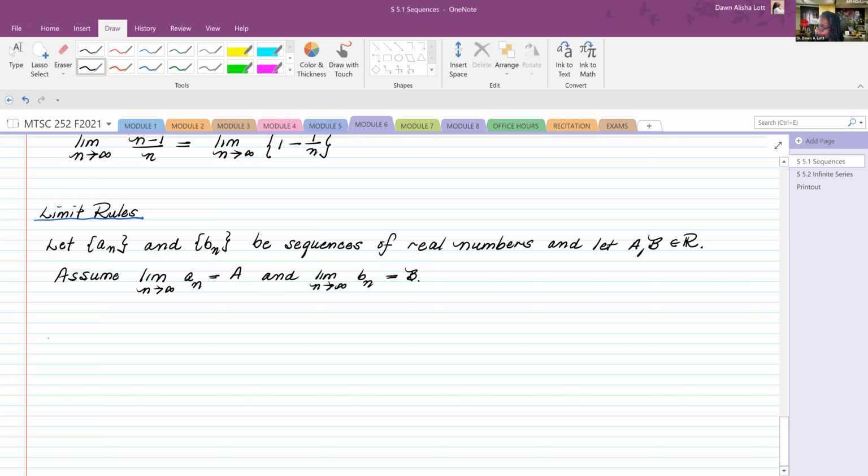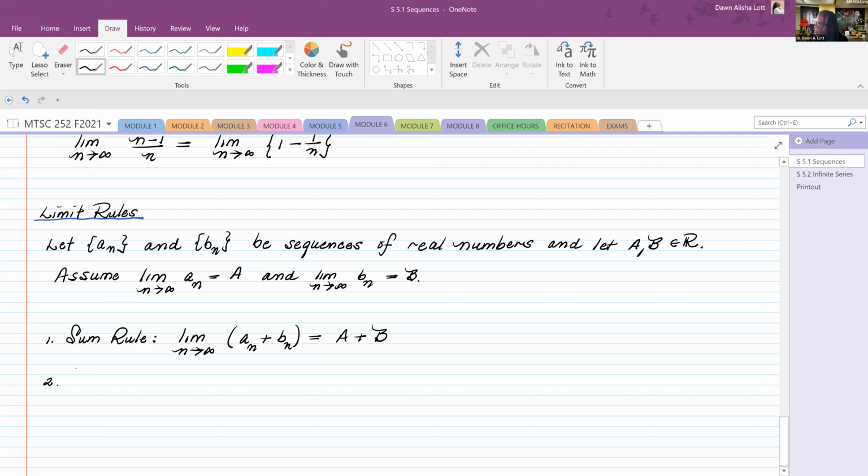The sum rule says that if I take the limit as n approaches infinity of the sequence a sub n plus b sub n, then I'm just going to get A plus B. I can just add their limits together.